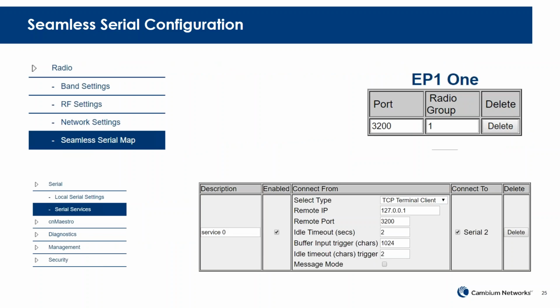And again, the way you configure that is you set up the radios within a group that you want to have a shared serial interface, and then assign each radio in that group to that group, and it's ready to go. It's pretty straightforward to set up, and it's really a powerful feature because you can then mix the serial traffic with IP traffic. Many other radios, you have to say I'm either all serial or all IP. With this, you can mix serial and IP traffic at the same time.